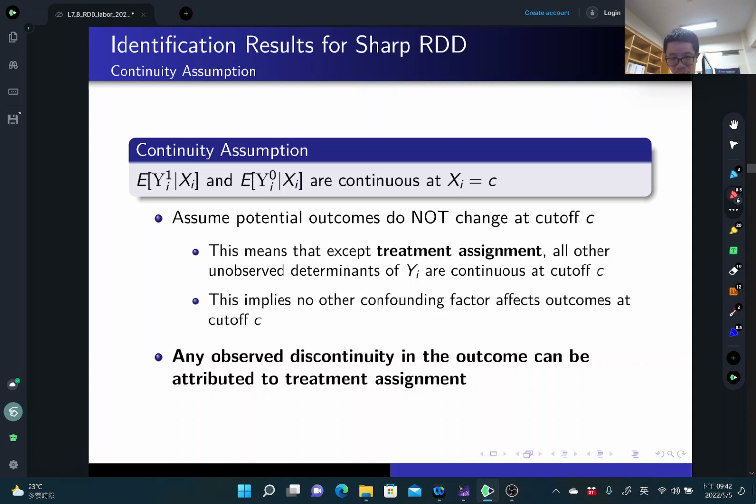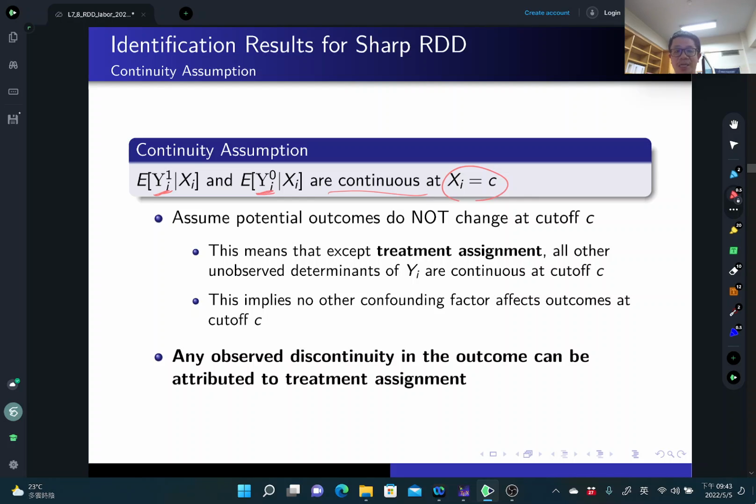Another assumption is very crucial. It's called the continuity assumption. It says the potential outcomes Y1 and Y0 are continuous at the cutoff. So basically, the potential outcome values do not change at the cutoff.